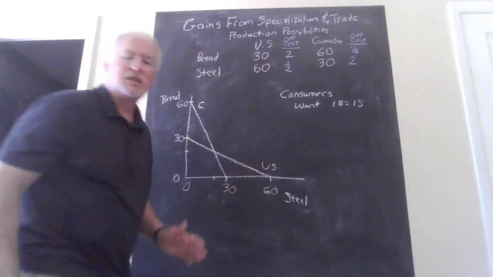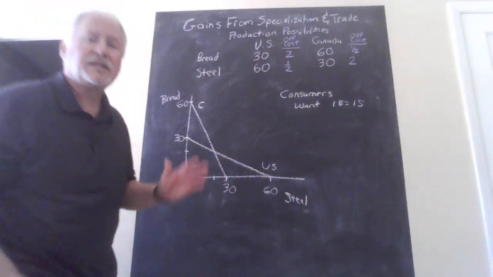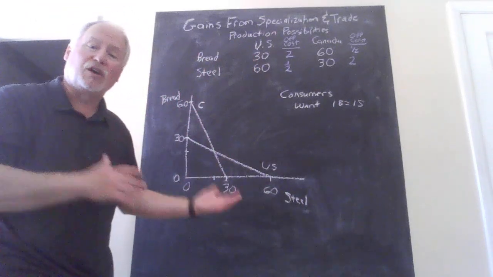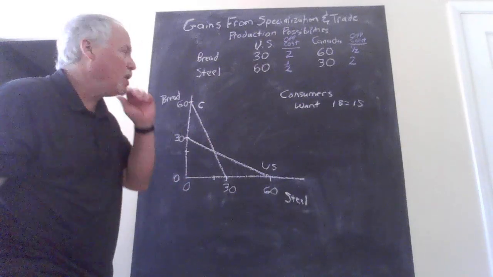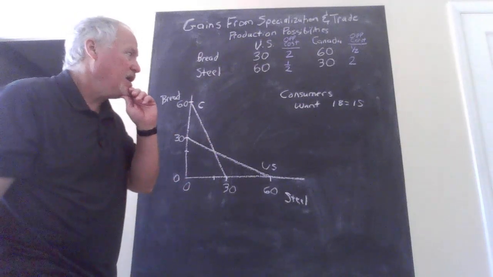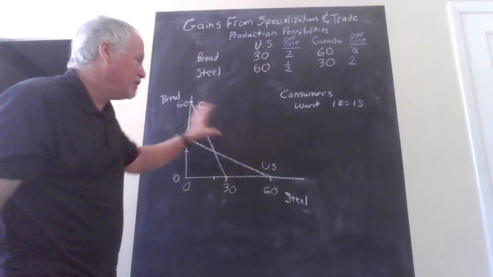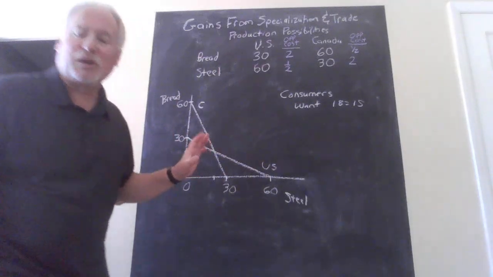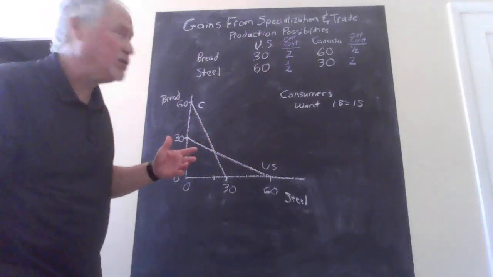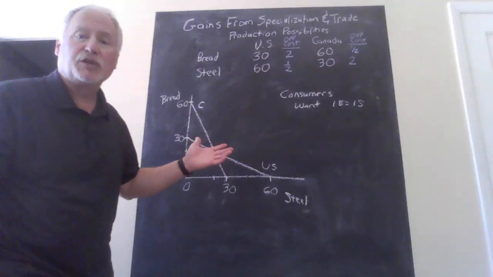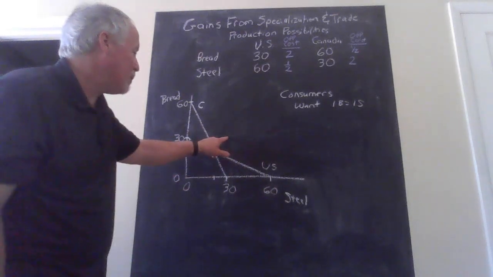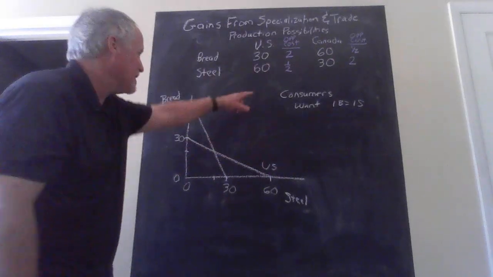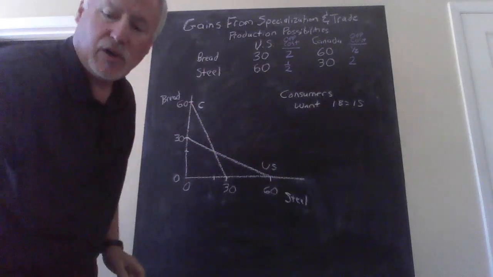So consumers in each country would like to consume equal amounts of bread and steel. If you want to graph that, a curve that would represent equal amounts of the two goods would be the 45-degree line. We'd have 30 and 30, and that point would be on this curve, and 60 and 60 would be on there, and so on.